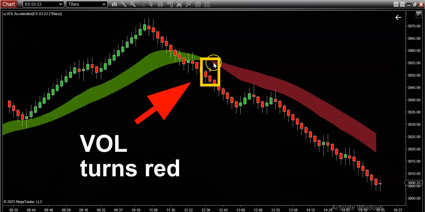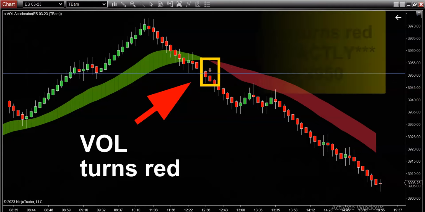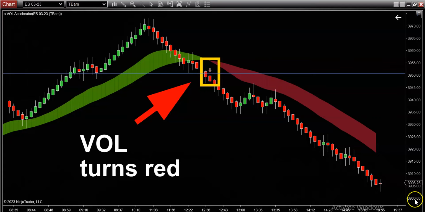But check this out. You see this color change here? You see the trend change represented by this vol indicator, where it turns from green into red at a price value of exactly 3,950 on the S&P. What I've noticed is these big round numbers, like 4,000, 3,950, then 3,900, which is all the way down here, by the way, when we hit 3,900 in today's session.